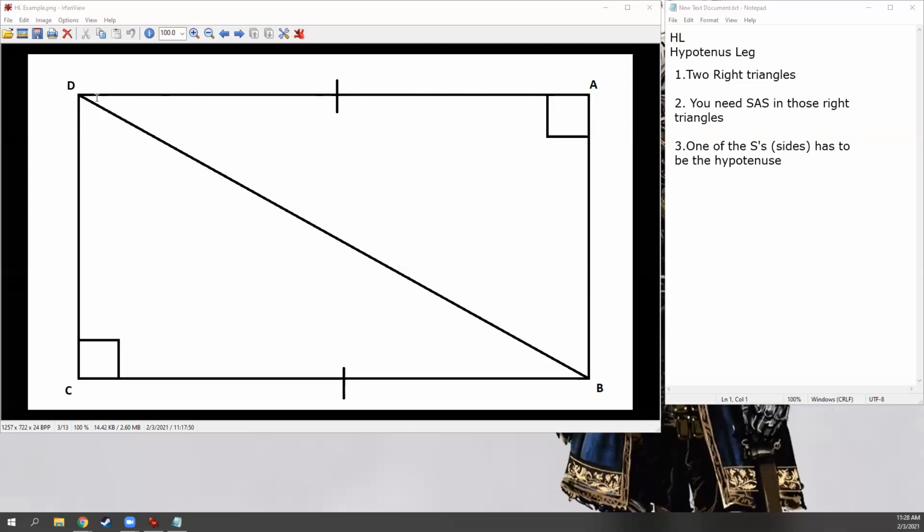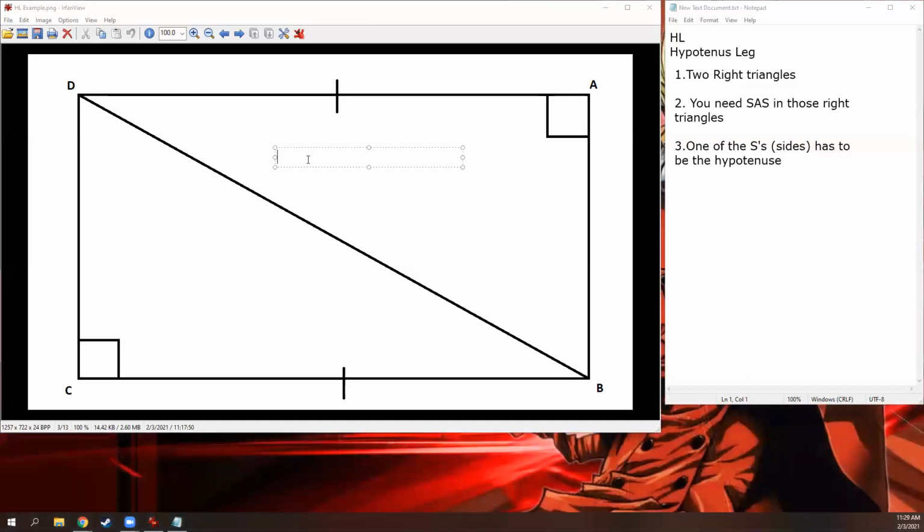So right angle, notch, diagonal, which means I need to start at the right angle, go across the notch, and then the diagonal. This is really important later on when we do congruency statements, as this triangle is congruent to this triangle, because you have to put them in the right order. So if you get to select the order, most of the time I selected A, D, B.